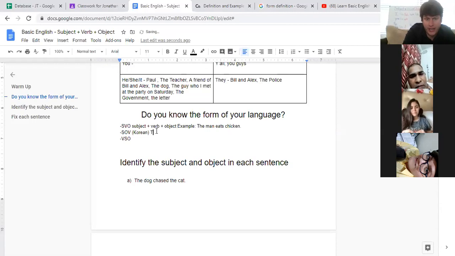So they would say it like this: the man chicken eats. That's their language, but we can't talk like that in English, right? We need to have a subject, a verb, and an object. I don't know any languages that start with a verb. Does anybody know a language that goes verb, subject, object?